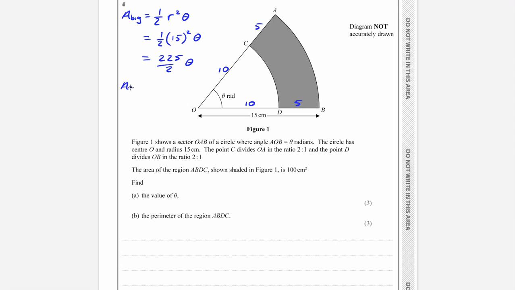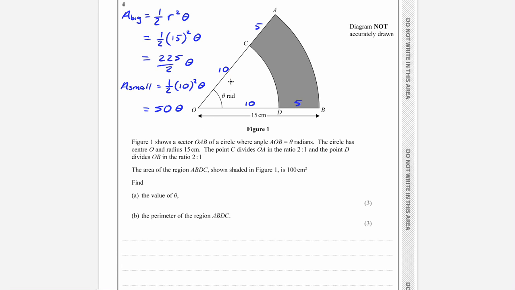The area of the small one is a half times 10 squared times theta, which is 100 over 2, so that's 50 theta.